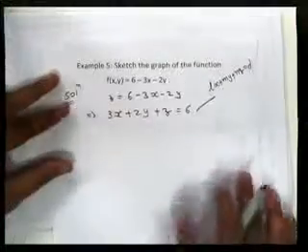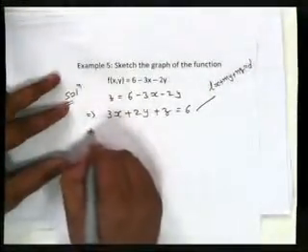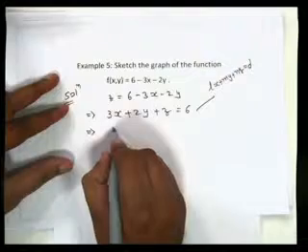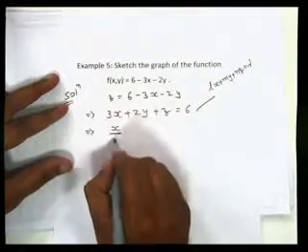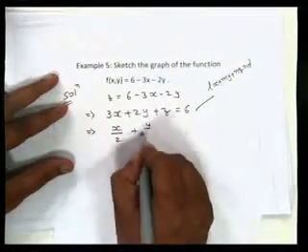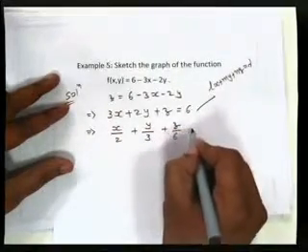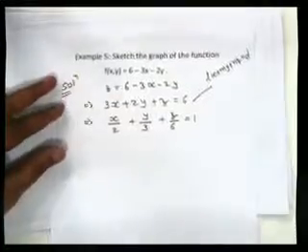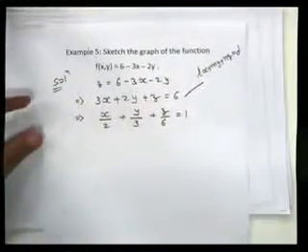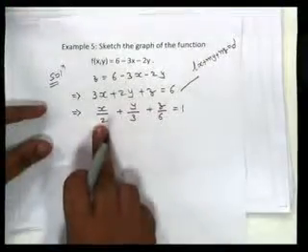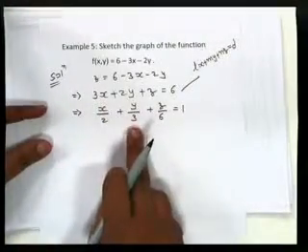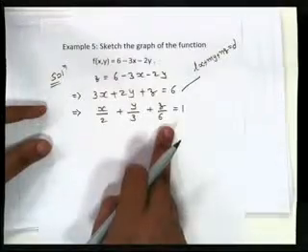Again we rewrite this equation in an easier form. Divide this by 6, so x divided by 2 plus y divided by 3 plus z divided by 6 is equal to 1. So this equation of the plane is in intercept form, where the x intercept is 2, the y intercept is 3 and the z intercept is 6, right.